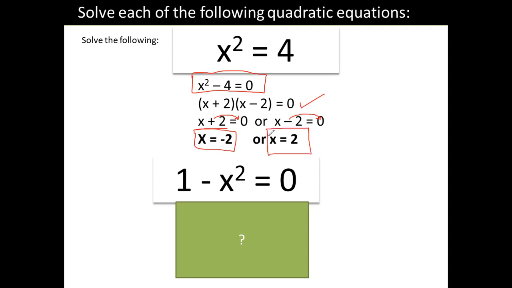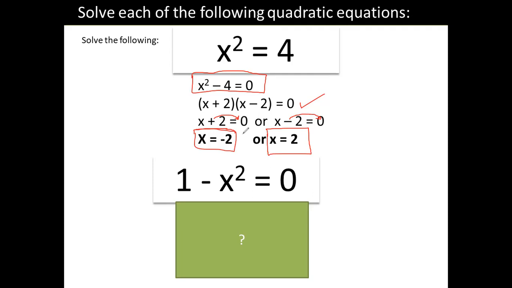So these are now the values of x: x equals positive or negative 2 in that example. Since we set that one equal to 0, the value of x will be positive or negative 2.